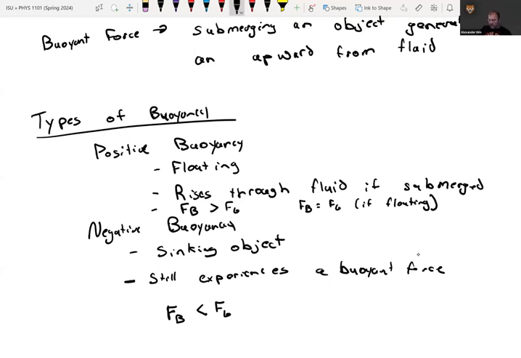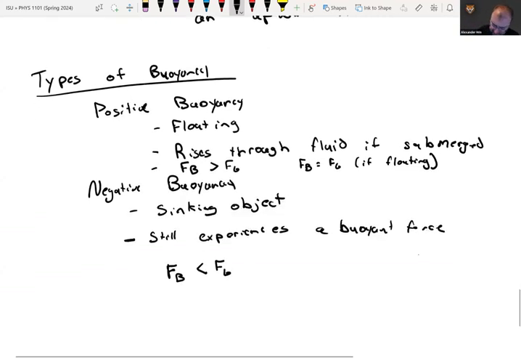I mean, sometimes it can, but if it's just floating on the surface of the fluid, then the buoyant and gravitational forces are equal because they're canceling out. The object is not accelerating. All right. So that's something to keep in mind.